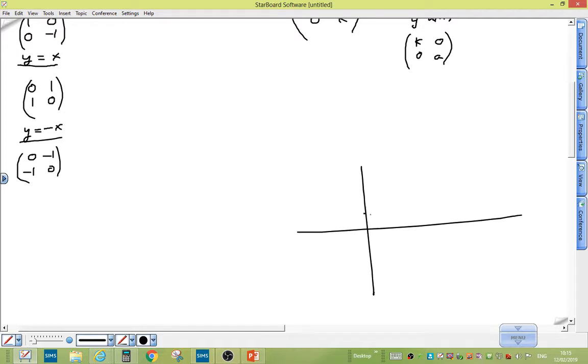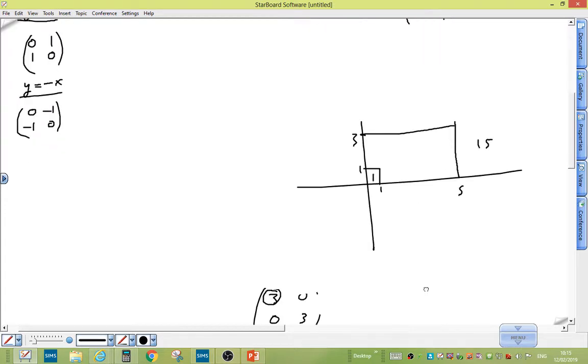If we get the original and stretch it by, let's say, 5 in this direction but only 3 in that direction, you realise the area of this new box is going to be 15, while the area of this is 1. The scaling would be 5, 0, 0, 3, and the determinant of that is 15. So just by stretching, you can see how the area is growing.